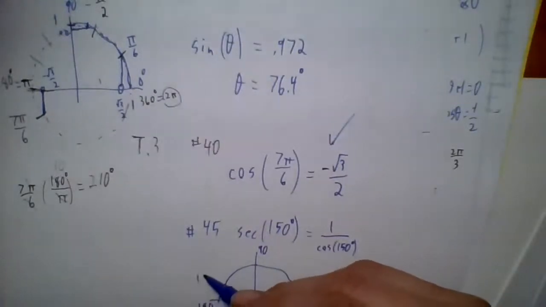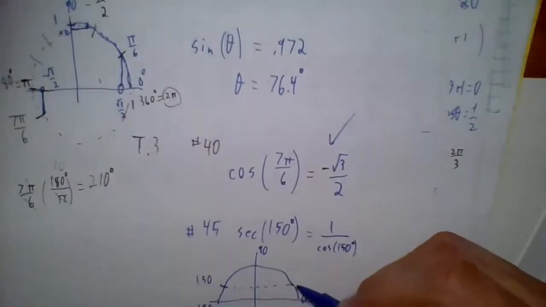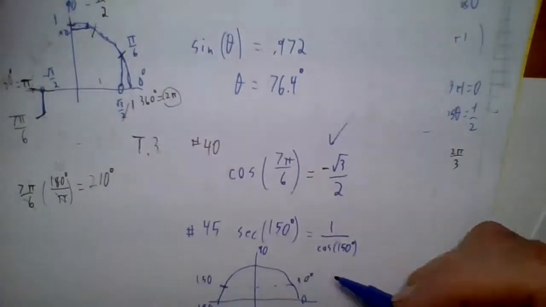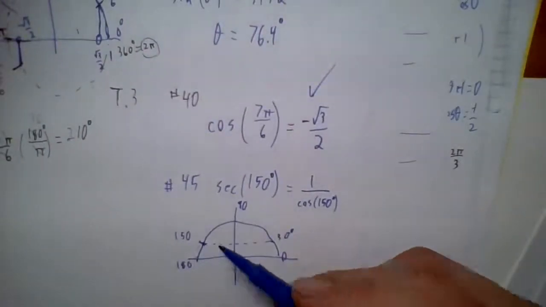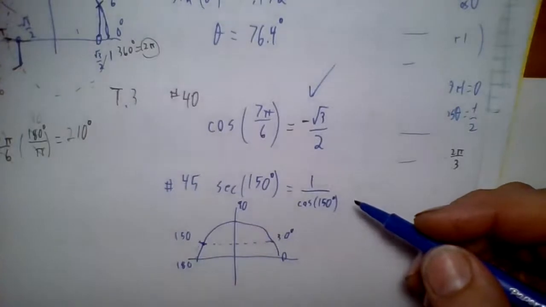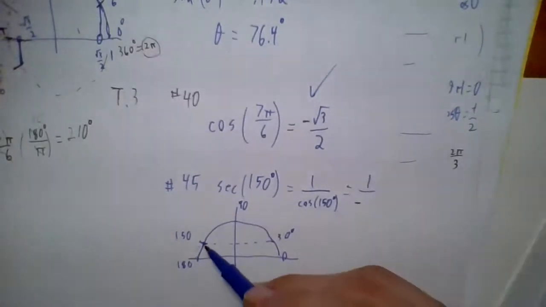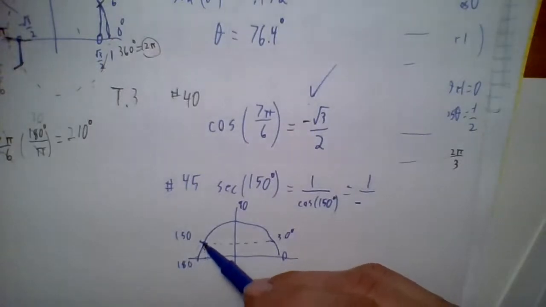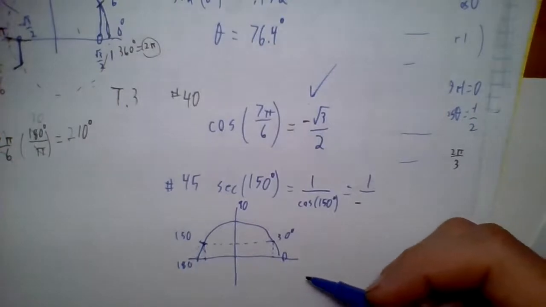So 150 degrees would be straight across from what happens here at 30 degrees. Same kind of values, except x is negative over here, so cosine is going to be negative over here. So I can tell that's going to be negative, but numerically the x that's there is the same as the x that's here, just the negative of it.